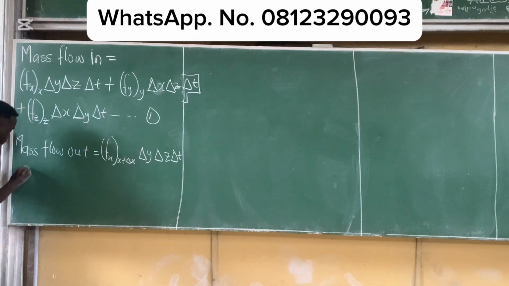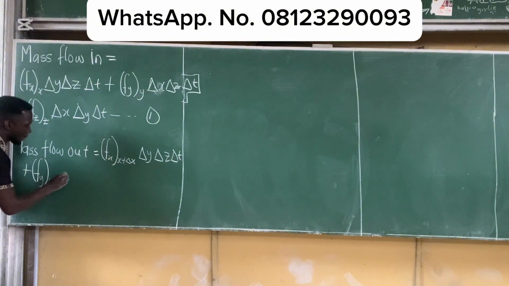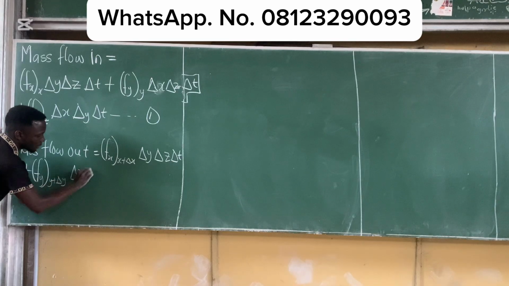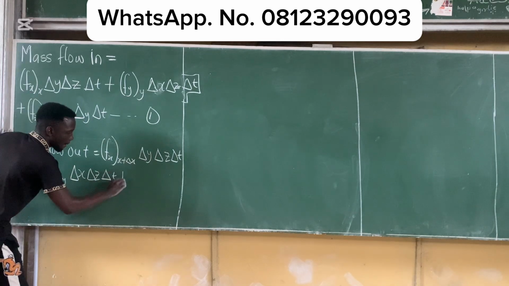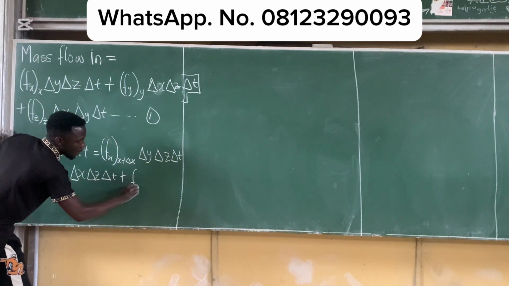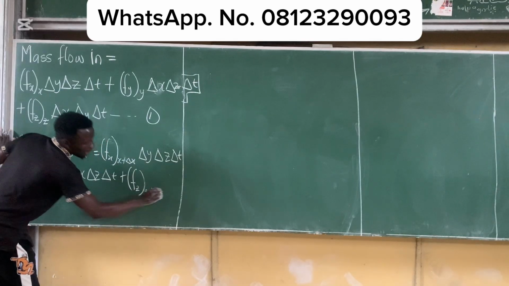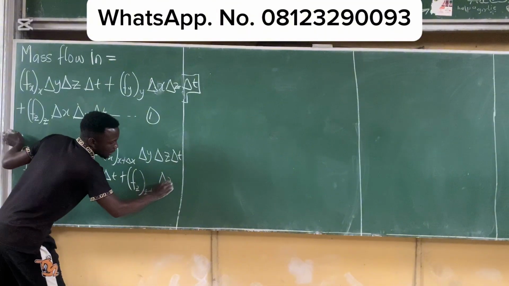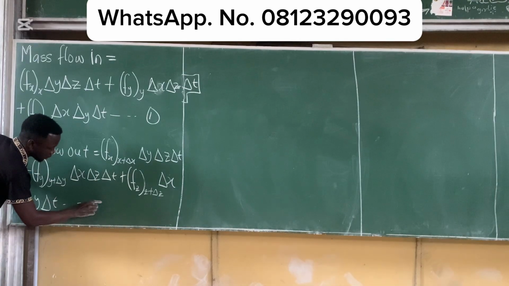Delta t, plus f of y, y plus delta y, delta x, delta z, delta t, plus f of z, z plus delta z, delta x, delta y, delta t. This is our equation 2.